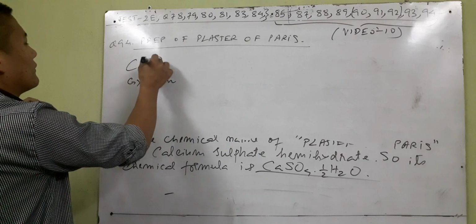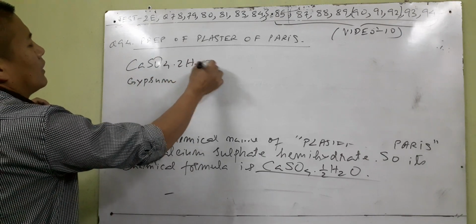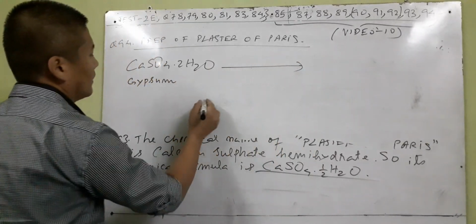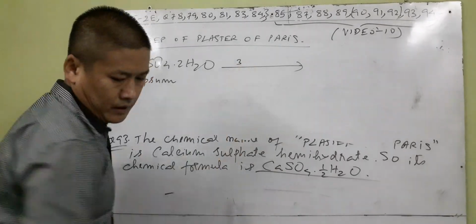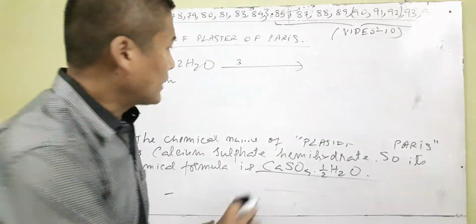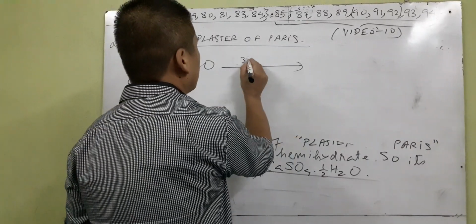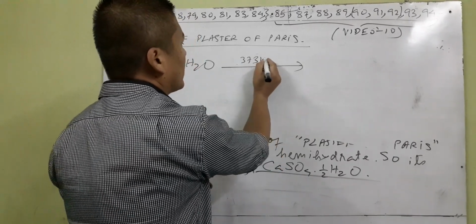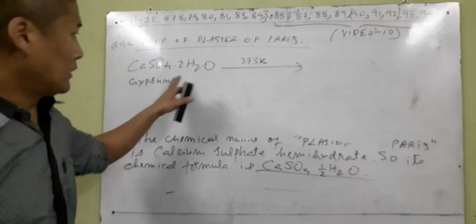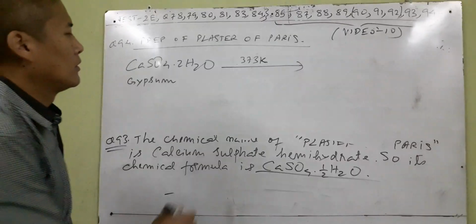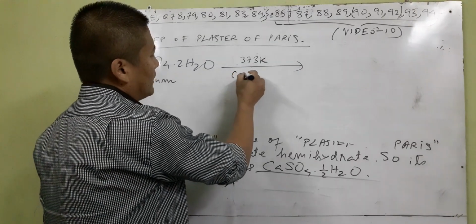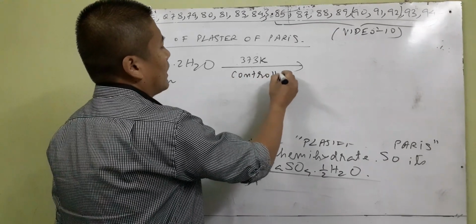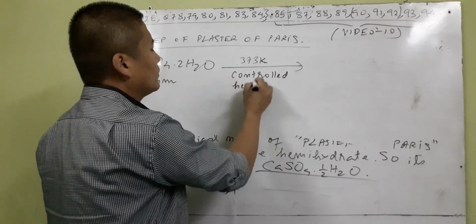Gypsum is calcium sulfate dihydrate, CaSO4·2H2O, and they will do careful heating, not high heating, exactly at 373 Kelvin. So the temperature should be controlled. If it goes more than this temperature, you will not get the plaster of Paris, it will get spoiled. So controlled heating, you write here.